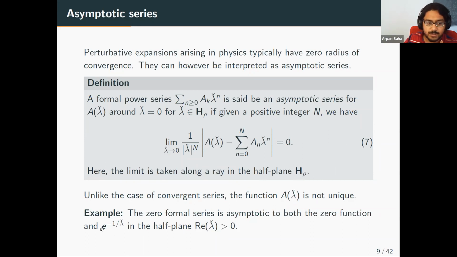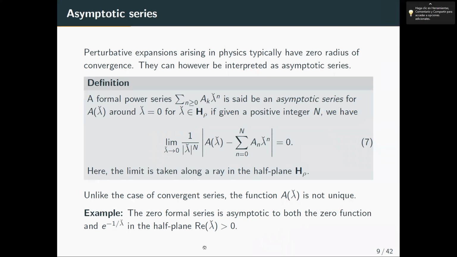That has to do with the fact that e to the power minus 1 by lambda decays faster than any polynomial function as lambda goes to 0. 1 by lambda diverges, so e to the power minus infinity is like 0. It decreases very quickly, faster than any polynomial can, so this limit will still be 0 once you fix the ray in this half plane.